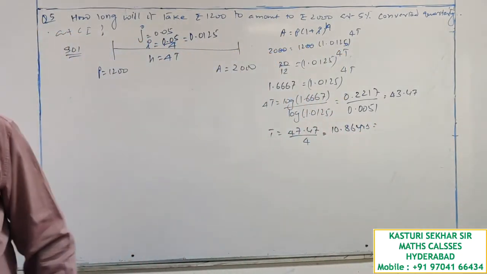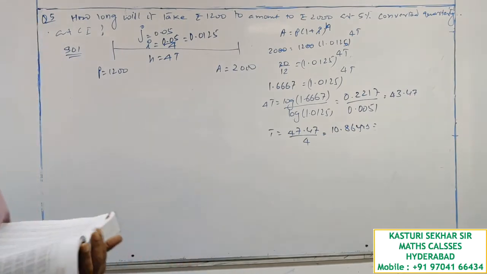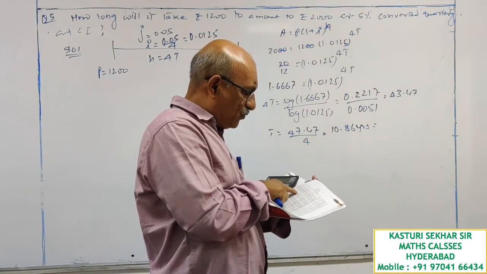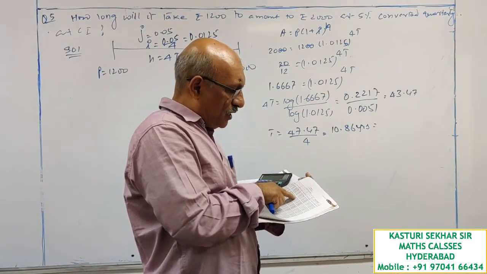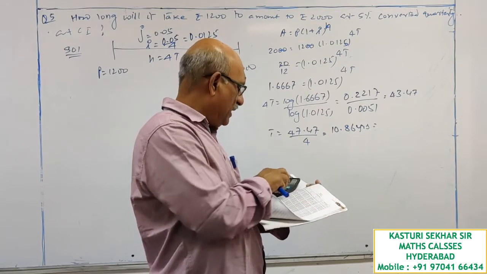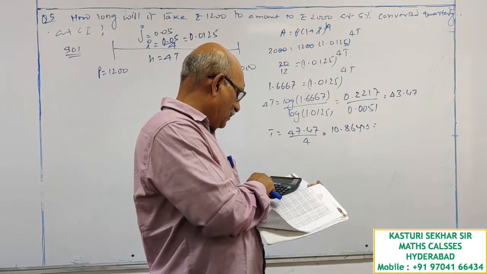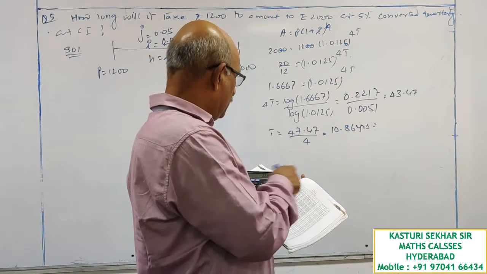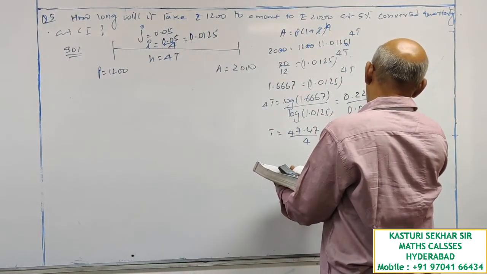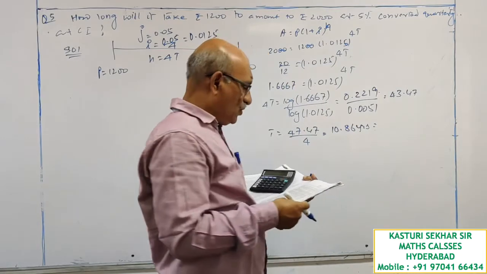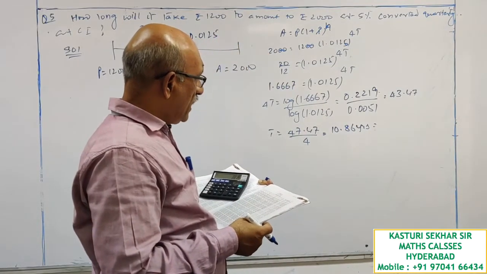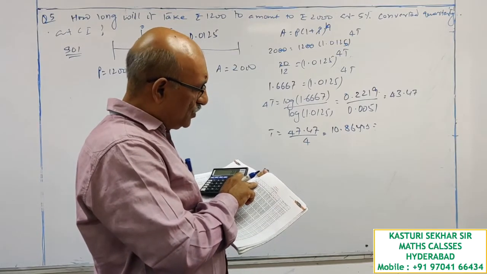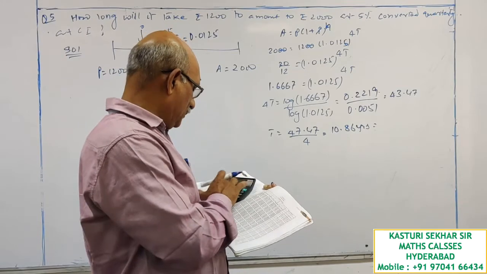Let me check the log values one more time. 2201 plus 18 is 2219, no problem.